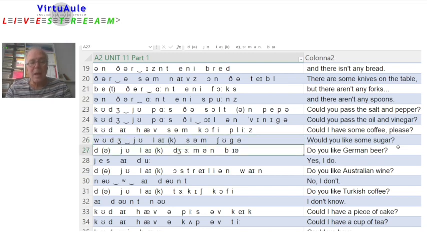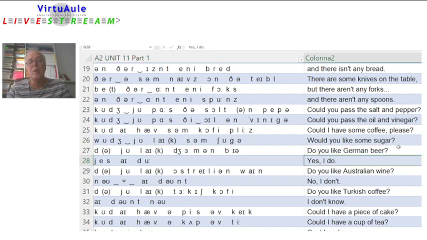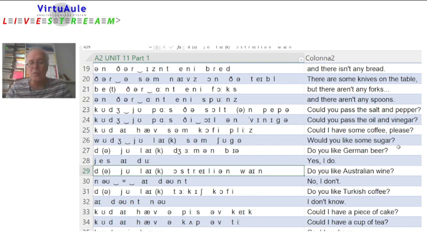Do you like German beer? Yes, I do. Do you like Australian wine?